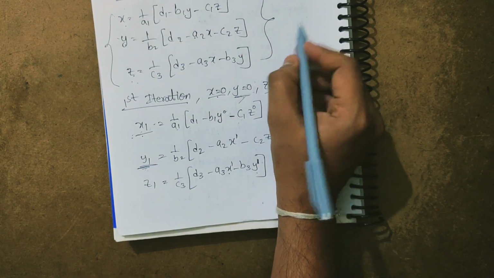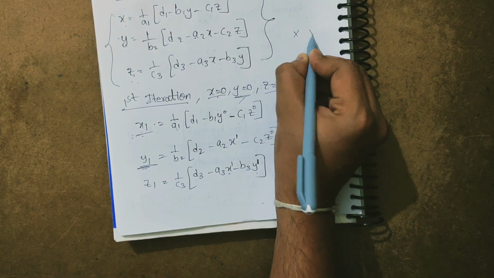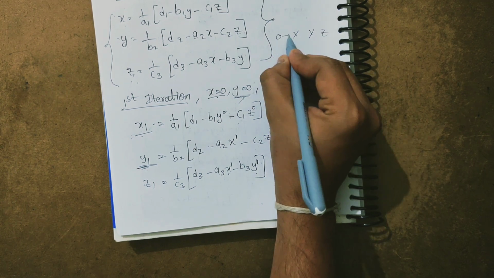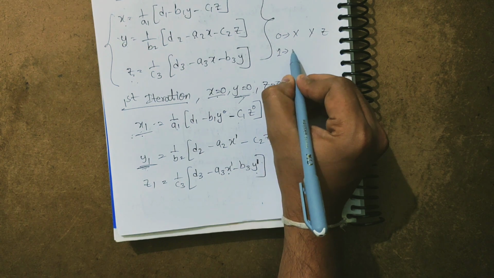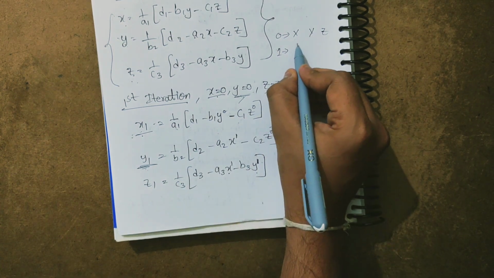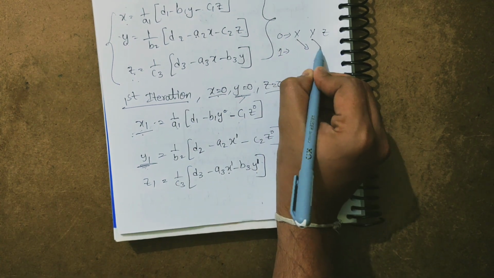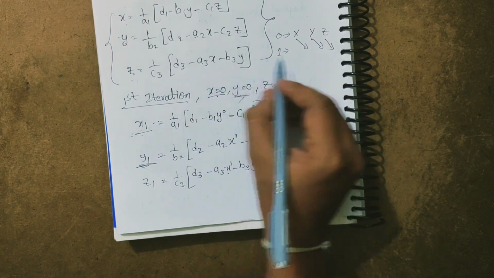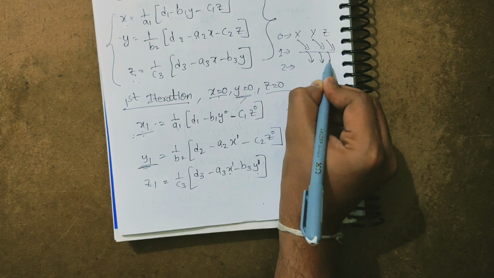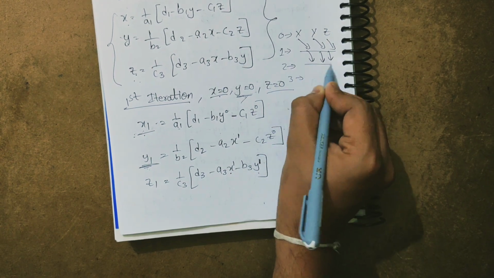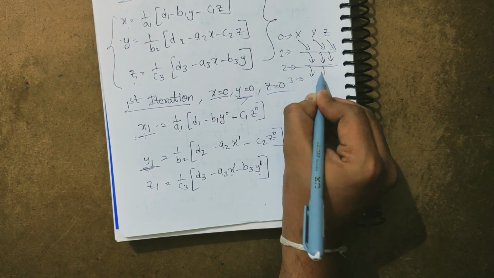If we previously have x equal to 0, y equal to 0, z equal to 0, this is the 0 iteration, right? In the first iteration, we take those x, y, z values. In the second iteration, these values we have to take. In the third iteration, we have to take the second iteration values.